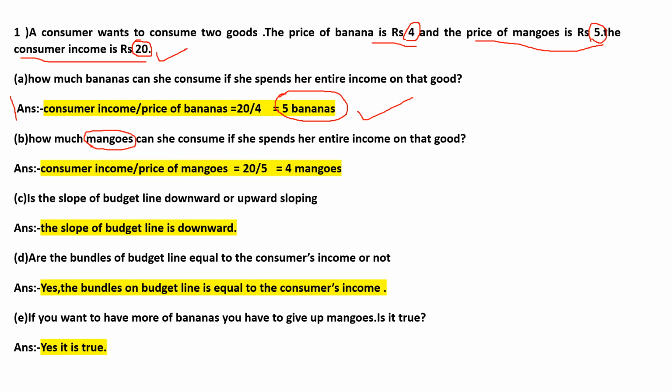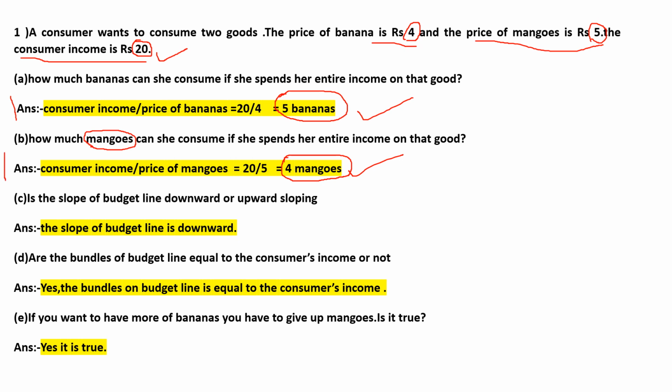The price of mango is 5, right? So 20 is the consumer income divided by the price of mangoes 5. How many mangoes can I buy? I can buy only 4 mangoes. If I spend the entire 20 rupees, I can purchase 4 mangoes. So here also you get 1 mark if you have answered correctly.